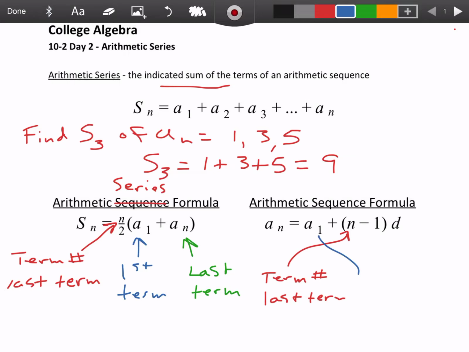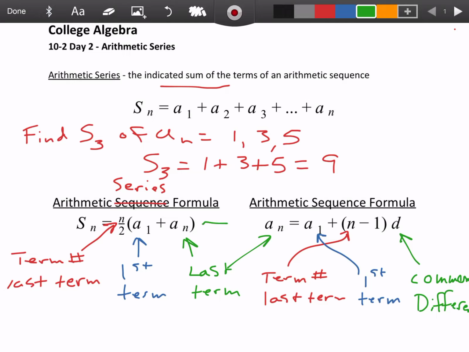And then A1 right there would be our first term. I went over this in my last video, but it is important that we know what all these are. And then this is going to be the common difference. Hopefully you can see how the last term is what we're actually finding. We're going to have to use the arithmetic sequence formula to find our last term so we can then plug it into our series formula.